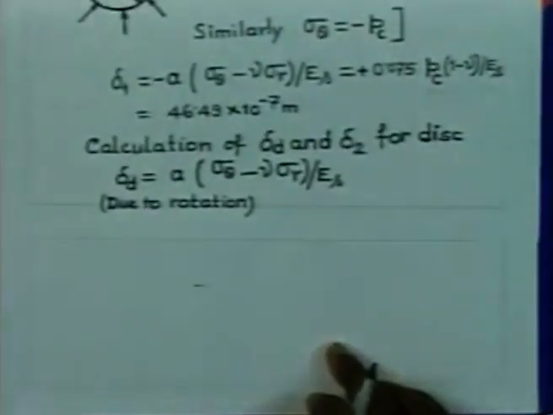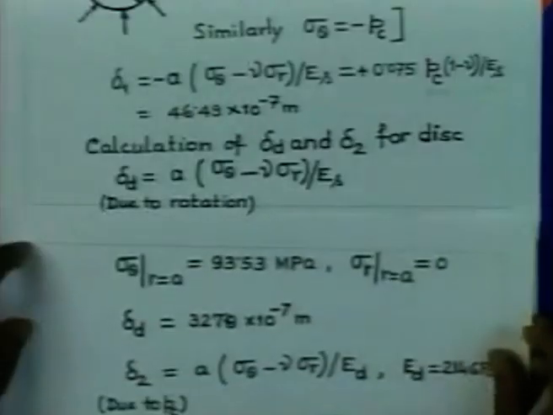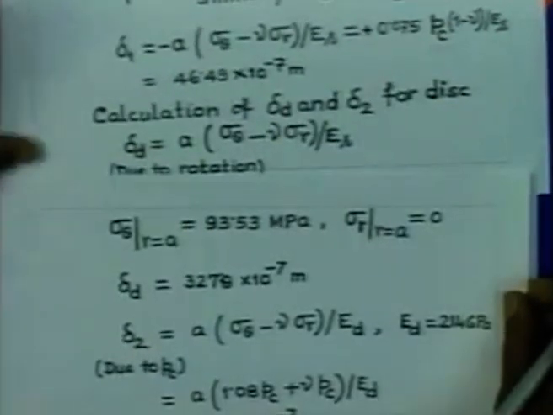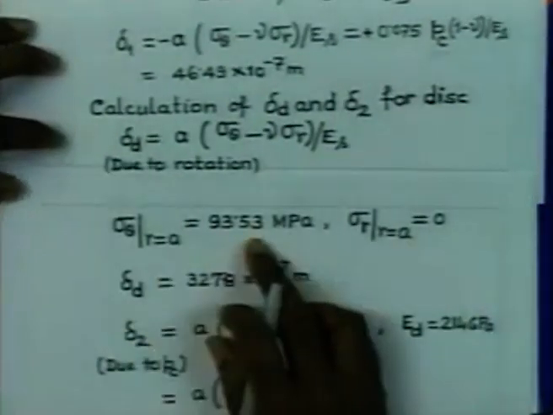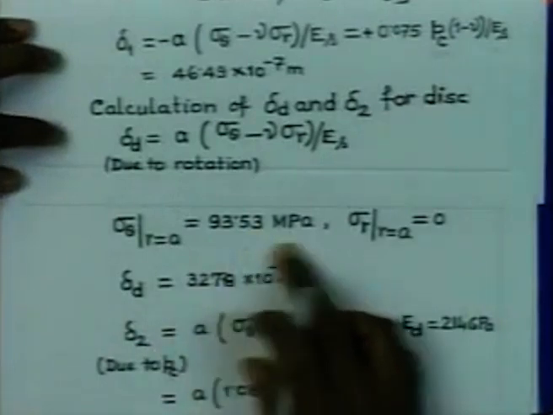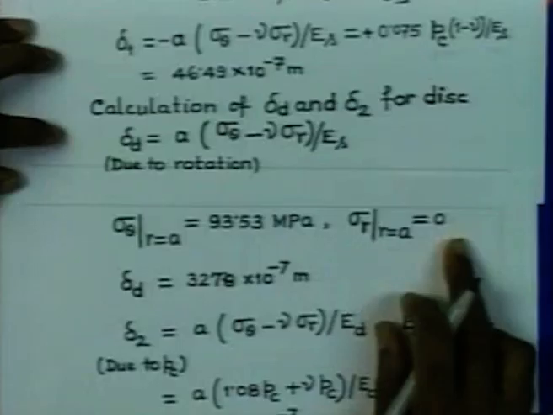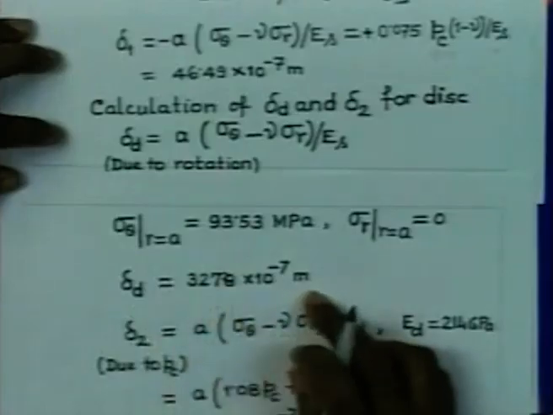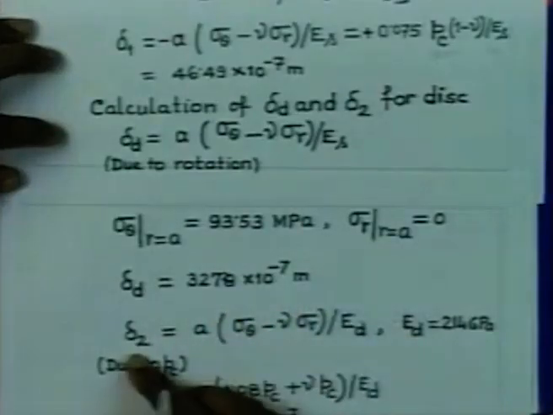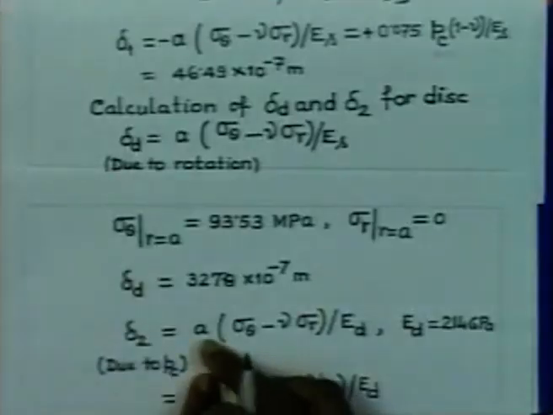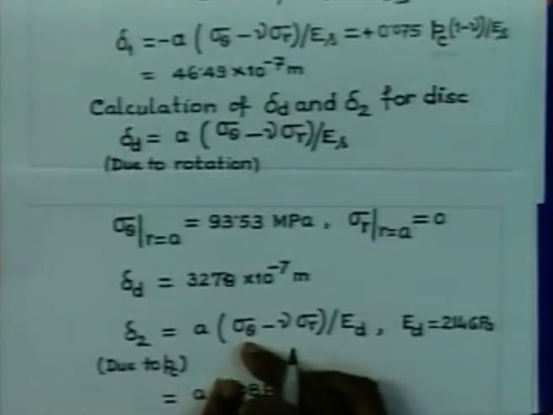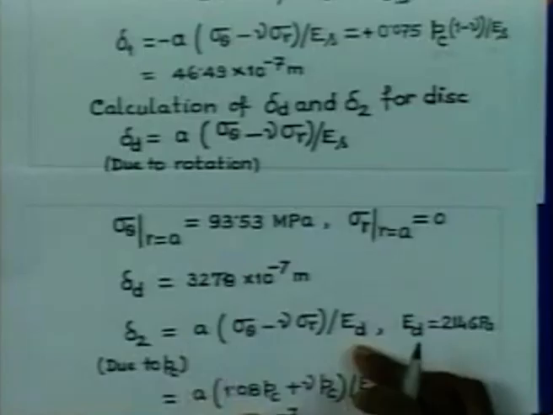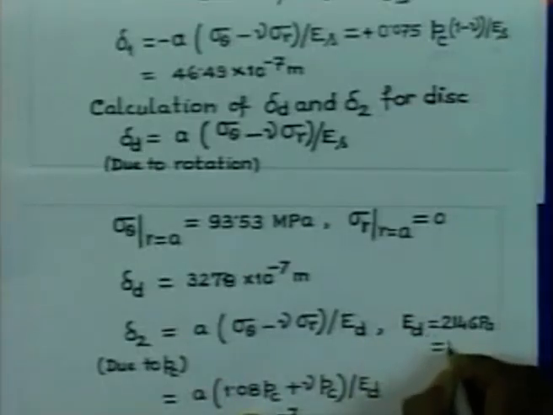Once you try to calculate, we have already obtained the sigma theta stress due to rotation at r equal to a as 93.53 MPa earlier, sigma r at r equal to a equal to 0. Therefore, delta D is equal to 327.8 into 10 to the minus 7 meter, and delta 2 due to Pc is given by A into (sigma theta minus nu into sigma r) by E of the disc, and E of the disc is same as E of the shaft.